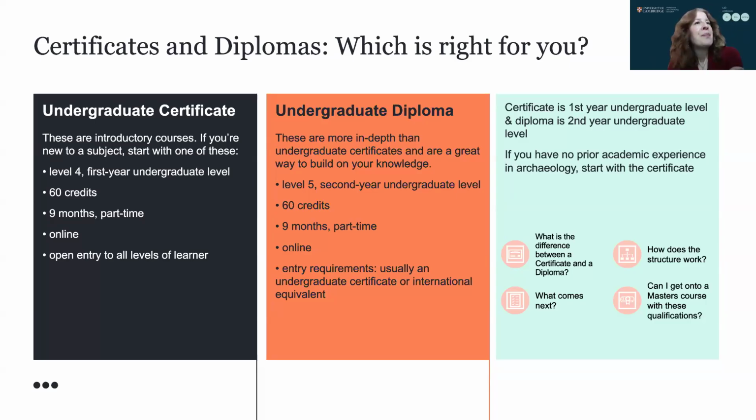So a single certificate that lasts 1 year part-time is 60 credits. I say 1 year, really it's 9 months because you study from October to June. It's all done online. There's no physical meeting, so it's very convenient no matter where in the world you're based. And we have students who join us from Australia, from Canada, from America, from all over Europe.